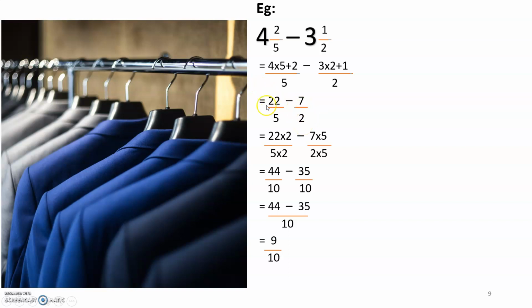So here we need to cross multiply. So 22 into 2 upon 5 into 2 minus 7 into 5 upon 2 into 5. So 22 into 2 is 44 upon 10 minus 7 fives are 35, so 35 upon 10. So 44 minus 35 upon 10. 44 minus 35 gives you 9.